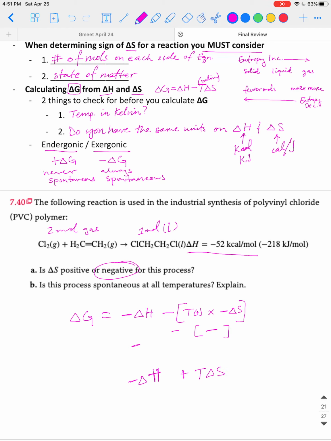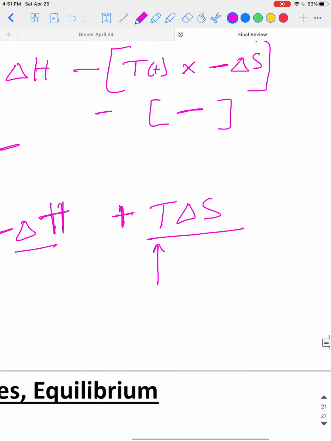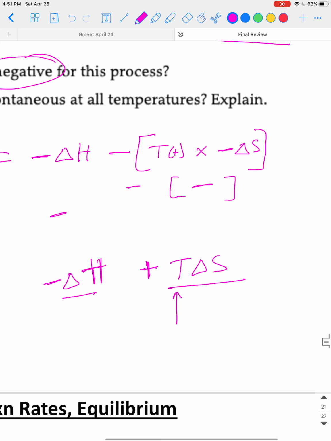All right, so we have a negative delta H term, and we have a positive T delta S term. Now, delta H and delta S are not going to change, but the one thing we can manipulate is temperature.